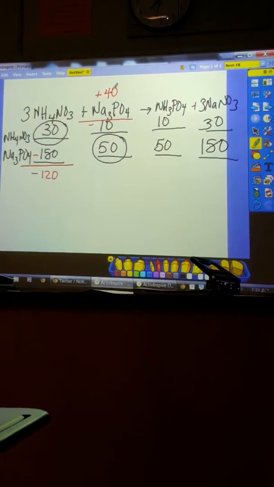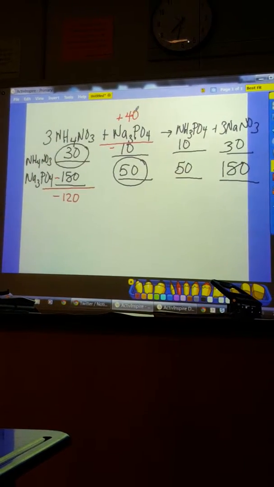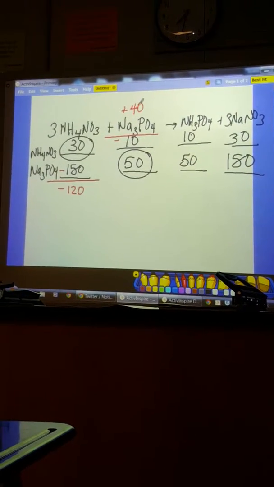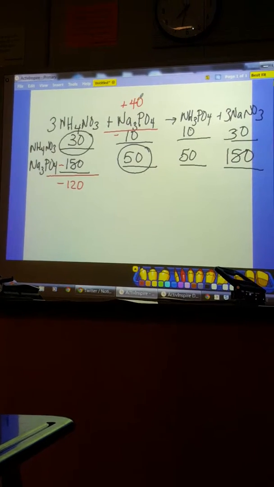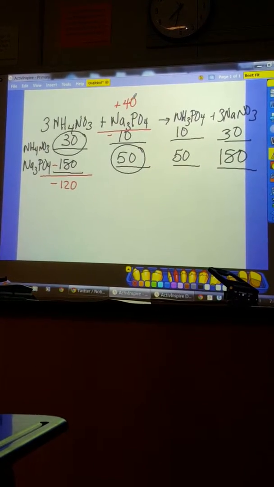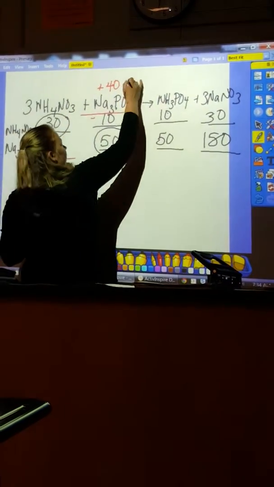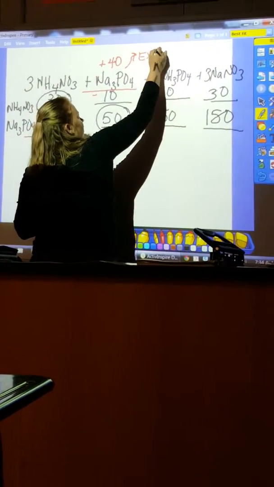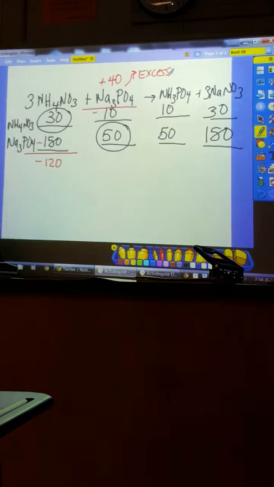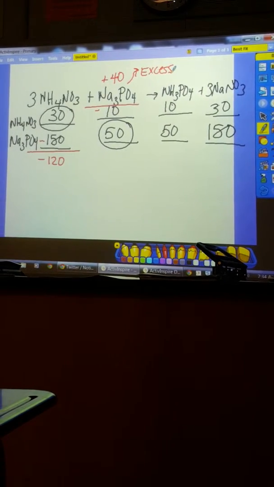My next question. Which is excess? Which do we have excess of? Which do we have leftovers? The 40. So we would say this is excess. That's our excess reagent. So what is limiting?